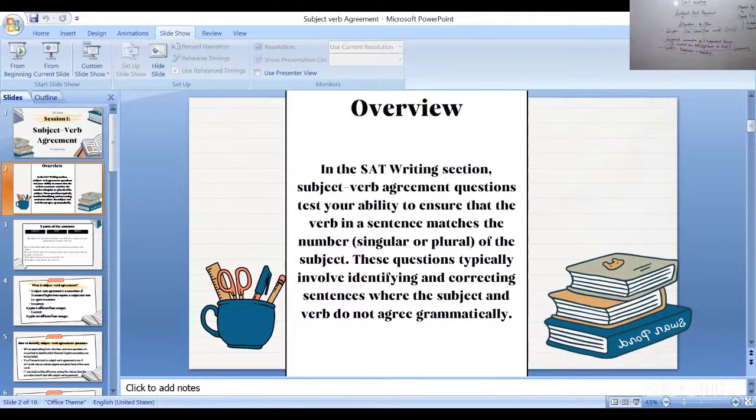So if the complex sentence needs to make meaning, then it should have a subordinating conjunction joining the independent and the dependent clause. Okay? I'll give you an example. As it was raining outside, I took my umbrella.